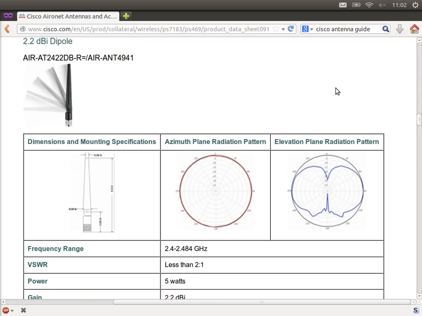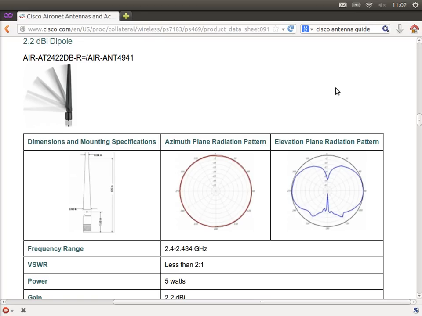So it's equal or approximately equal in all directions on the horizontal plane, but if you go up and down, these are angles, we see that it's strong, say in this area, but as you go higher it gets very weak. So this is some way to capture the gain of this specific antenna.